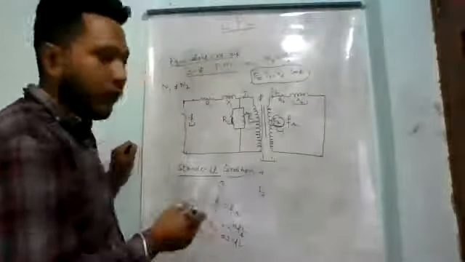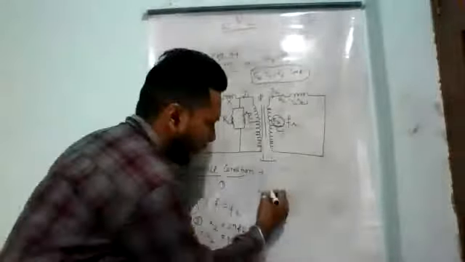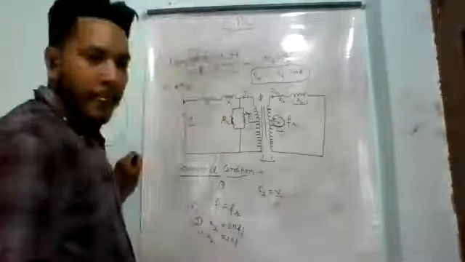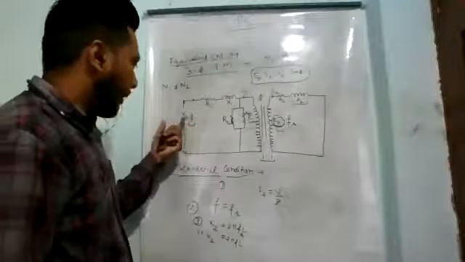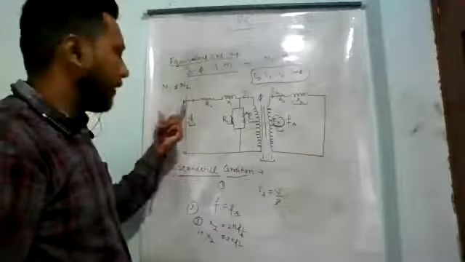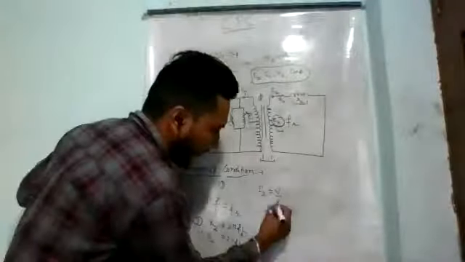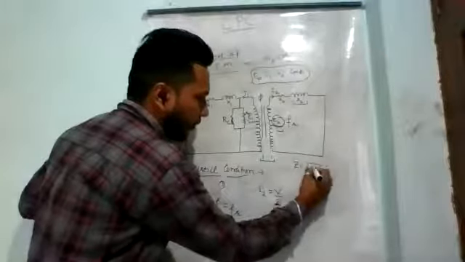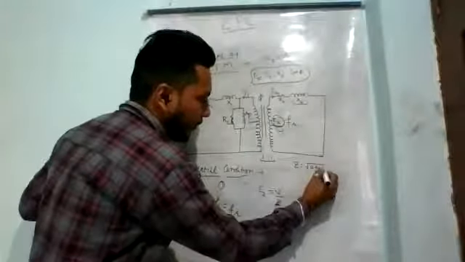As we know, current is nothing but V upon Z. Z is impedance, because we are talking about a three-phase induction motor that works on AC supply. Impedance is the combination of resistance plus reactance.